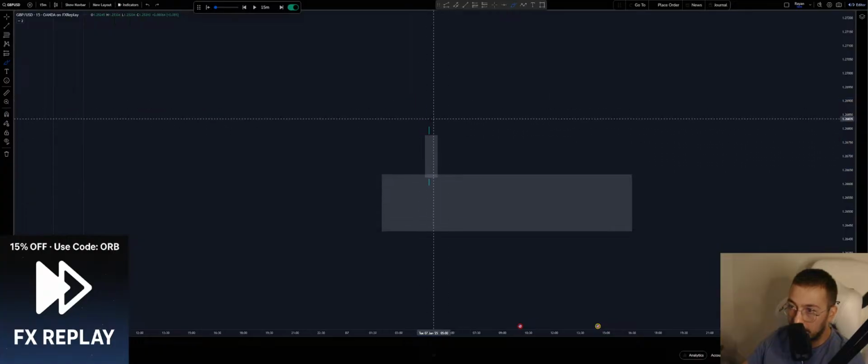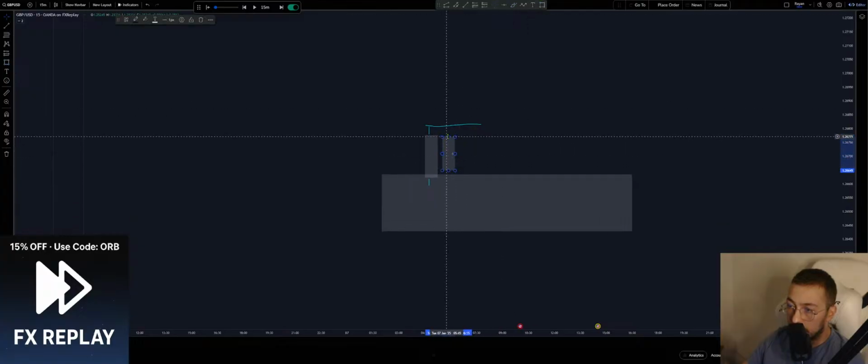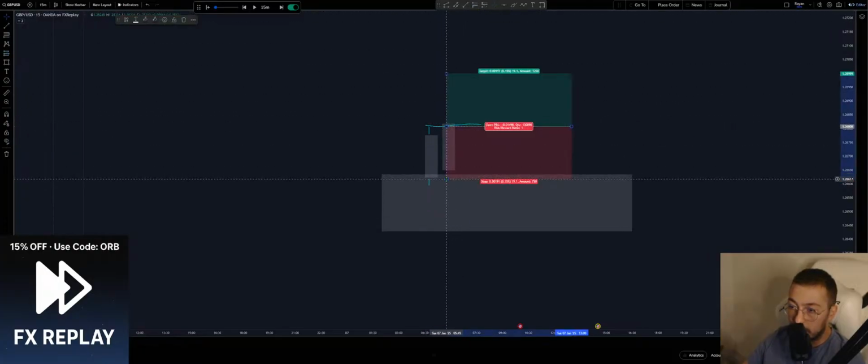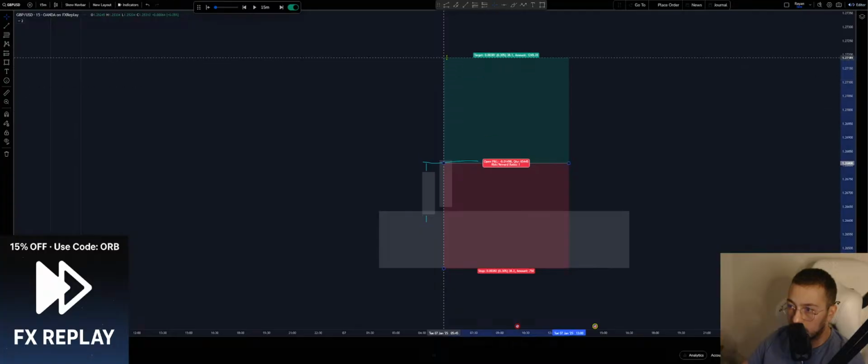The next candle has to break the high of the candle. So you're gonna be placing a stop order here for the next candle to execute your order. That is your entry. Your stop is gonna be at the end of the zone, and you target 1-to-1. It's only a 1-to-1 strategy.